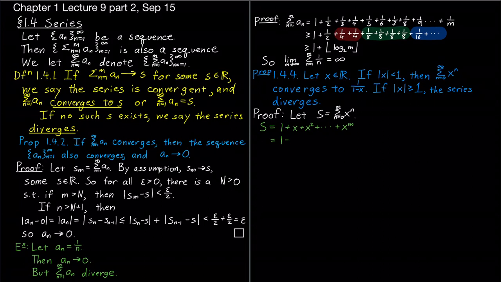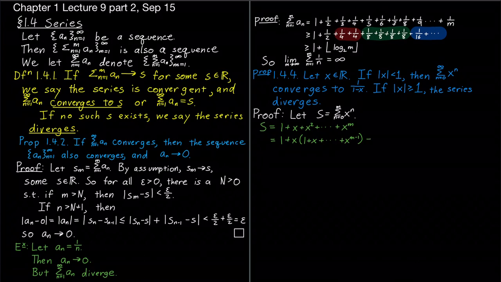So I'm going to leave the 1 out front, and I'm going to factor an x out of what's left. That thing in parentheses looks an awful lot like S. We're just stopping one term too soon.